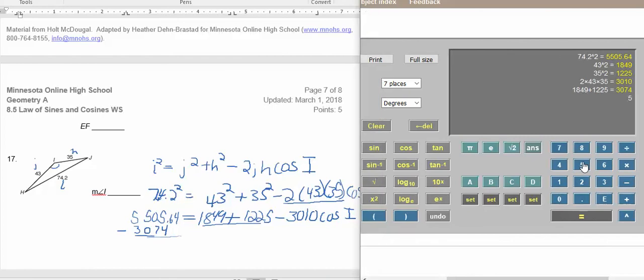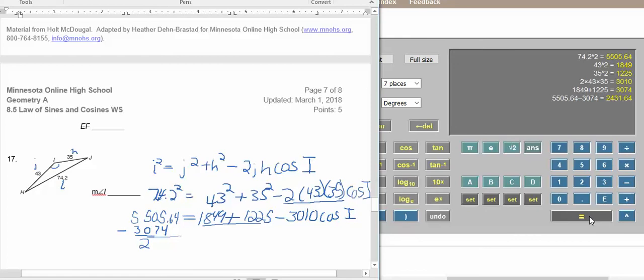So I have to take 5505.64 minus, oops, I got an error there, 5505.64 minus 3074. And that's 2,431.64, which is now equal to negative, don't forget the negative, 3010 cosine I.